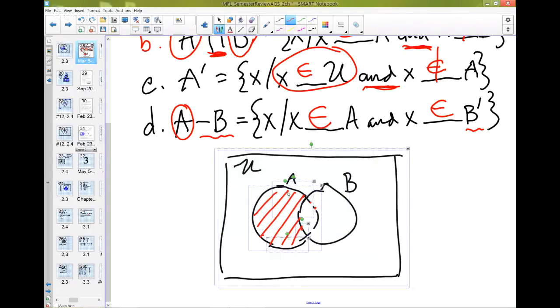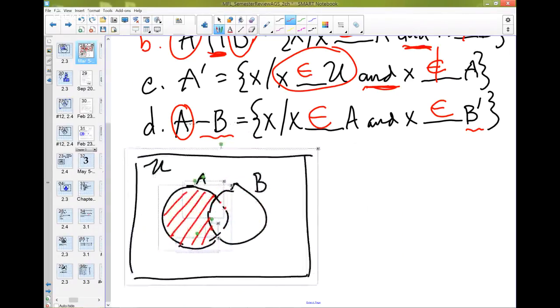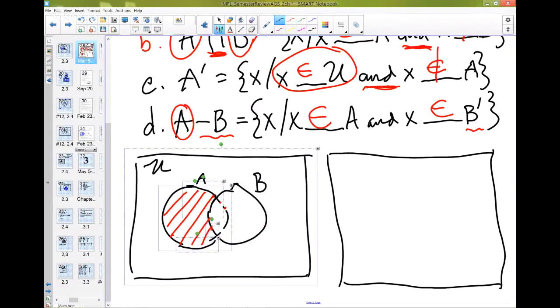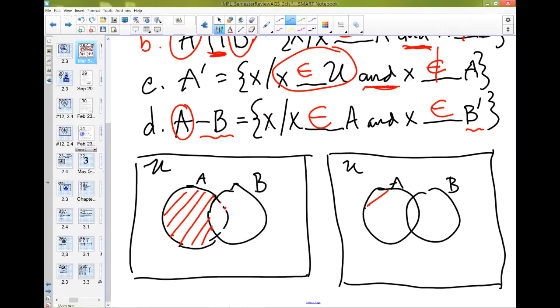Boy, this is a little bit hard not having you guys with me, but let me try it one more time. Now I'm going to take the D up above and attempt to show you how what we've written works. We have the universal set, we have A, we have B. The first part says everything in A. Let me shade that in red.